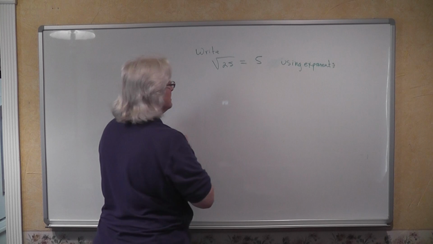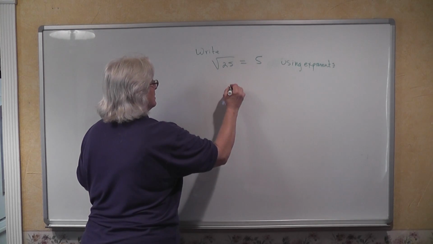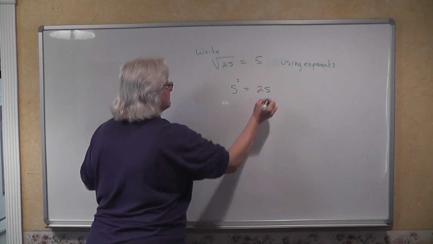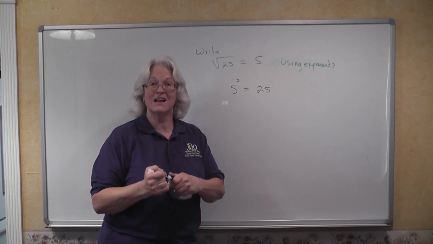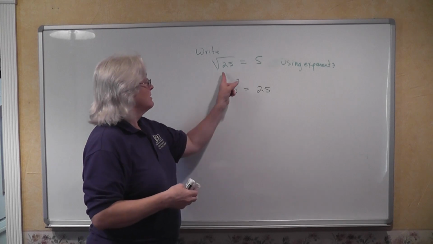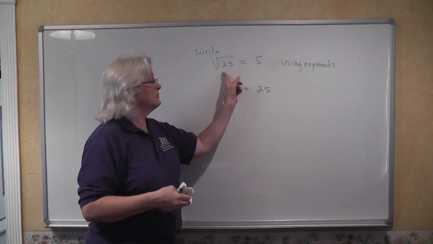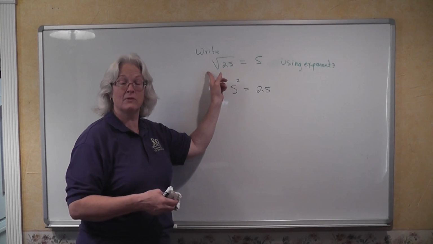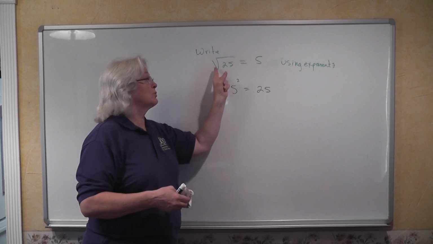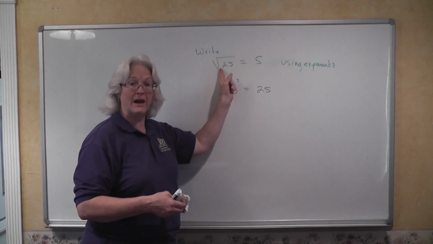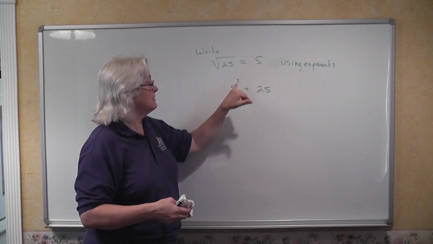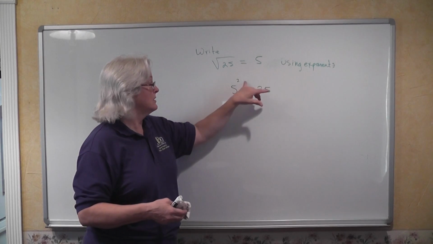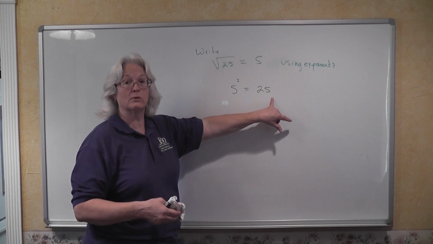Well, is it true that 5 squared is equal to 25? We're saying the same thing. This says that one of the numbers' two equal factors is 5. Or the square root of 25 is talking about one of the factors of 25. Here we say use 5 as a factor twice, or square it, and we come up with 25.